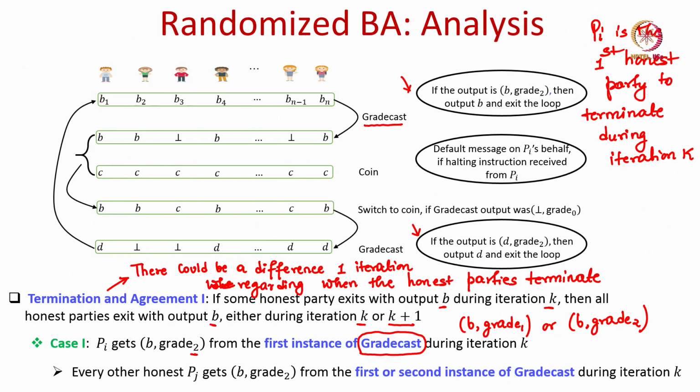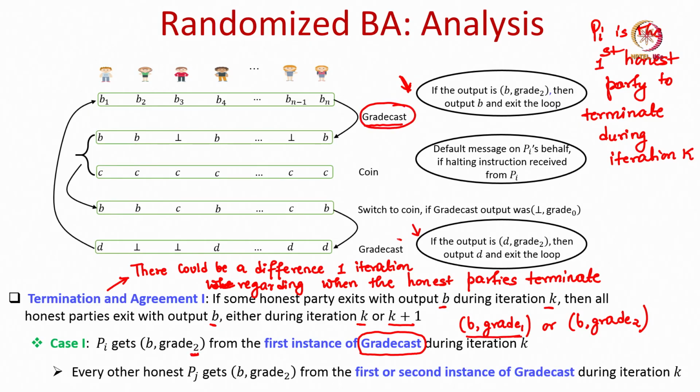Well, if everyone else also has obtained this output B with the highest grade 2, that means everyone else also would have terminated in that iteration itself. But it could be possible that Pi has obtained B with grade 2, but others have obtained B with grade 1 from this first invocation of Gradecast.